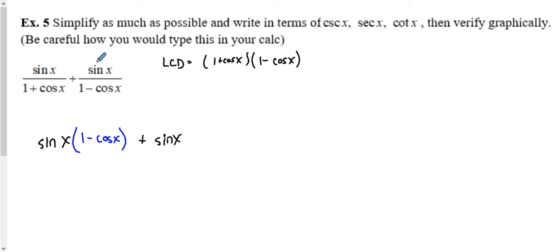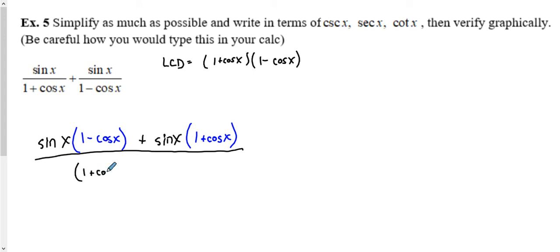It's going to be multiplied by the bottom left function, so we have the 1 plus cos x there. All of this is now divided by the two denominators combined, so that's 1 plus cos x in brackets and 1 minus cos x. There we go.